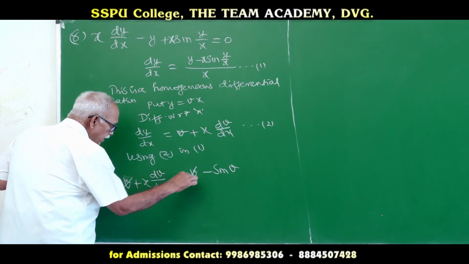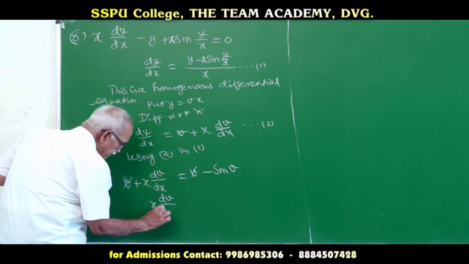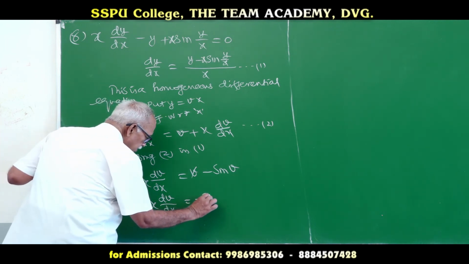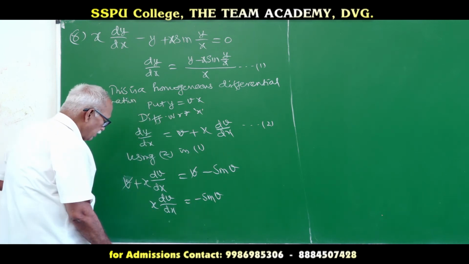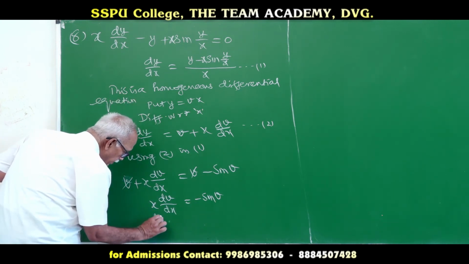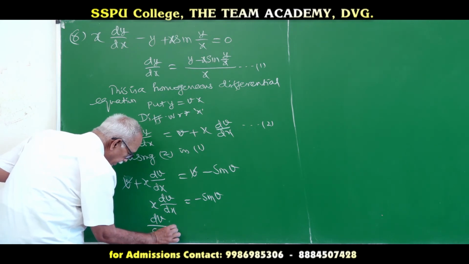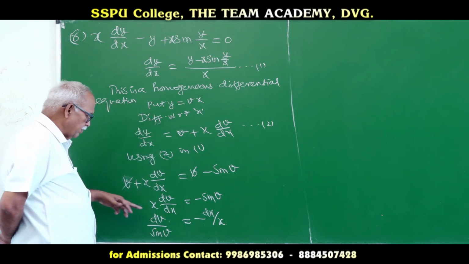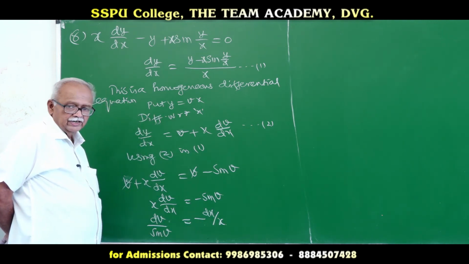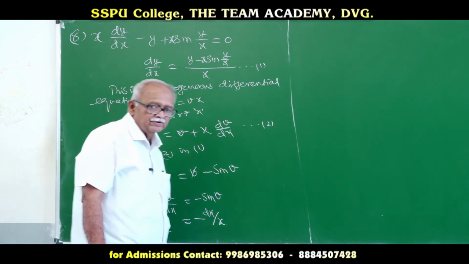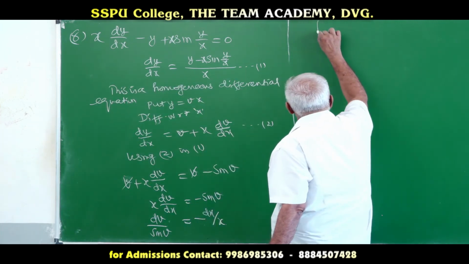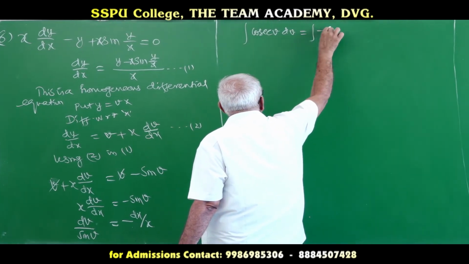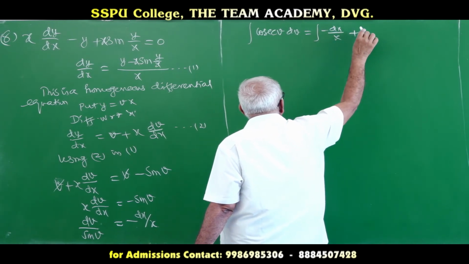Now v we can cancel, x into dv by dx is equal to minus sin v. Now dv by sin v is equal to minus dx by x, variable separable. So what is this integration? 1 by sin v is cosecant v. So integral of cosecant v dv is equal to integral of minus dx by x.